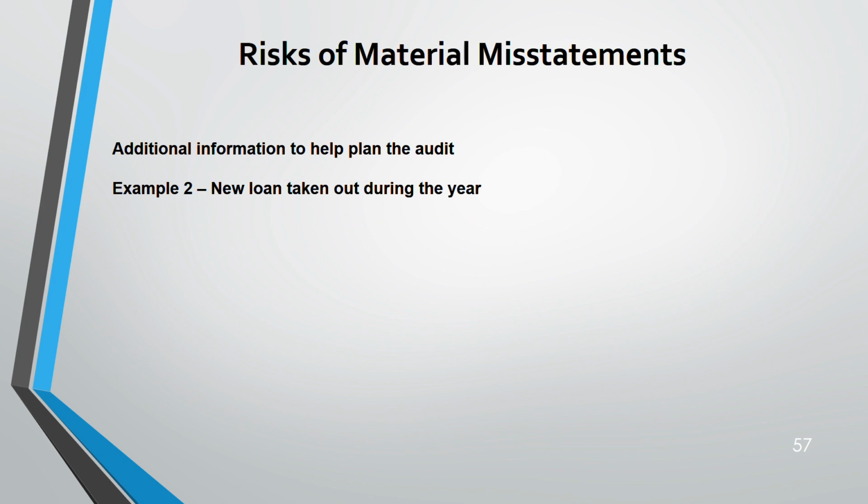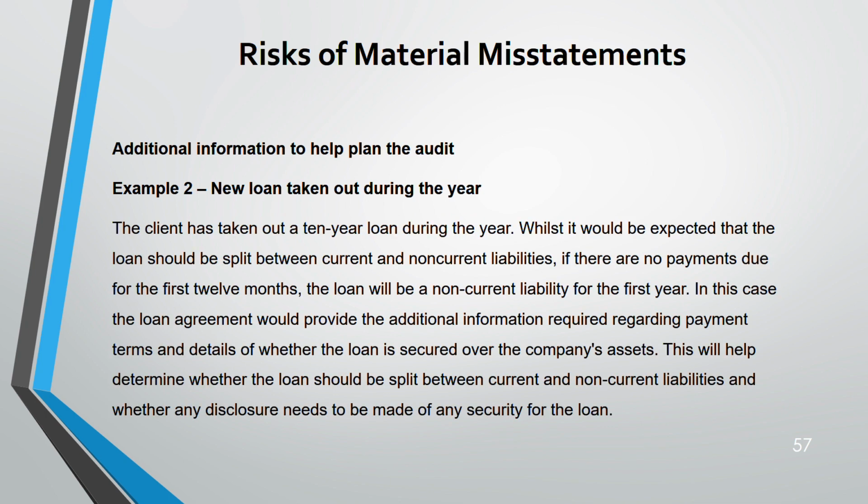Example 2. Taking a new loan during the year. Okay. Let's say the client has taken a 10-year loan. So normally, it is expected that the loan will be divided into two sections, current and non-current liabilities. But if there is no payment due in the first 12 months, the entire loan will be a non-current liability for the first year.